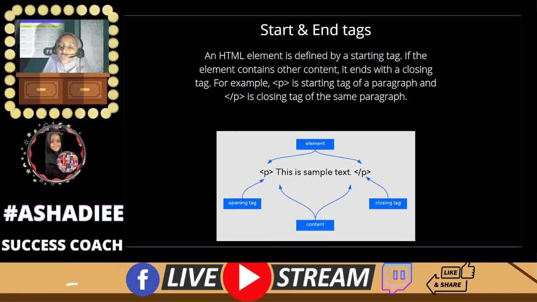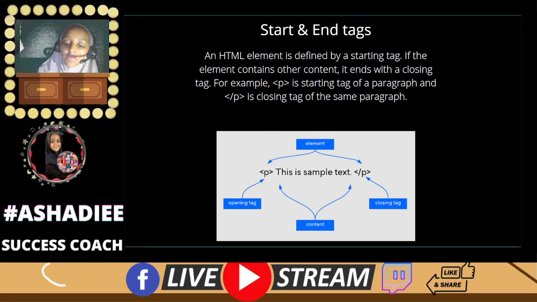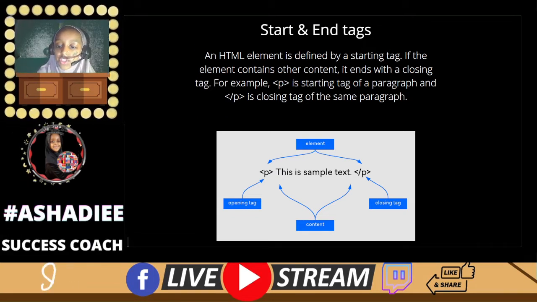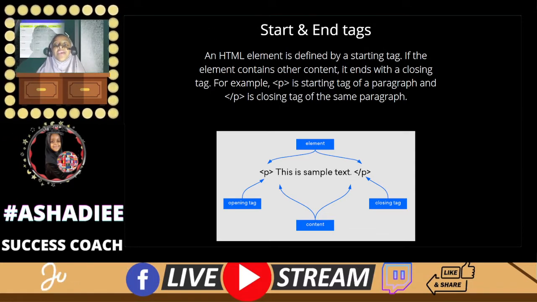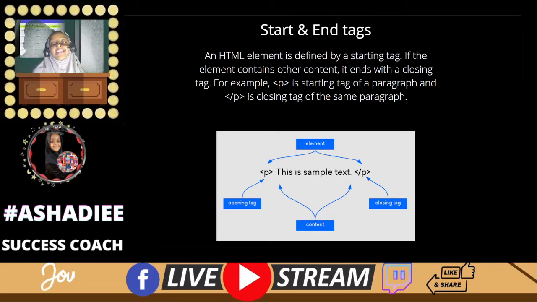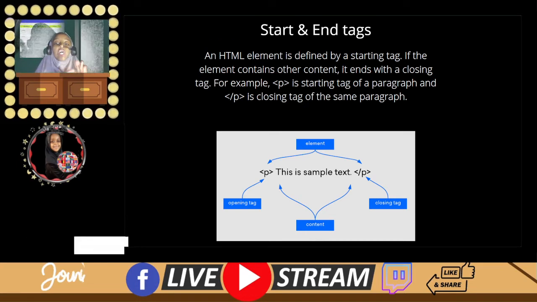Are you confused? Some of you are. At the bottom of the page, you can see that there is a preview. At the top of it, you can see element. The element is the whole thing. The closing tag, which you can see at the right side, is the tag that closes it. The opening tag is the one that opens it.